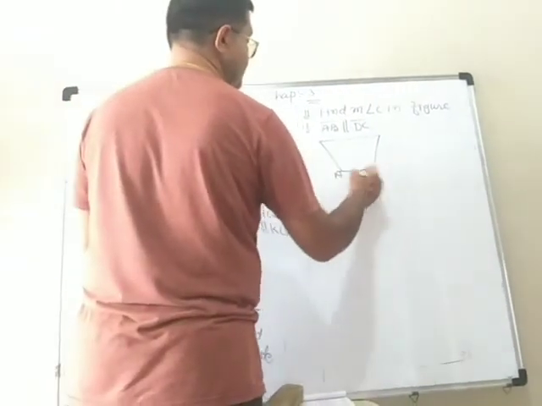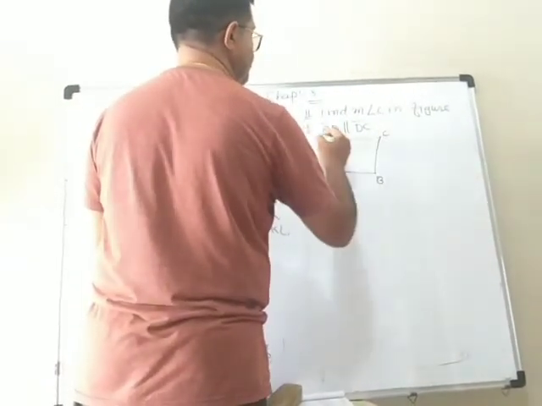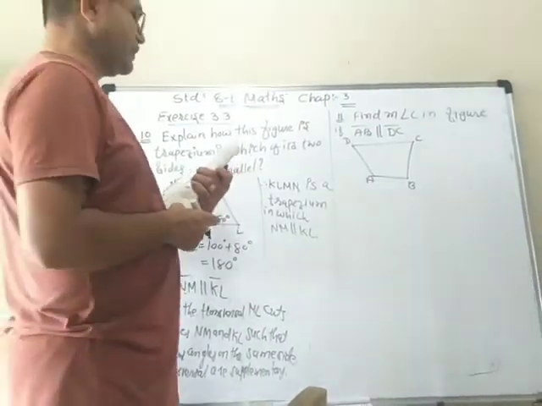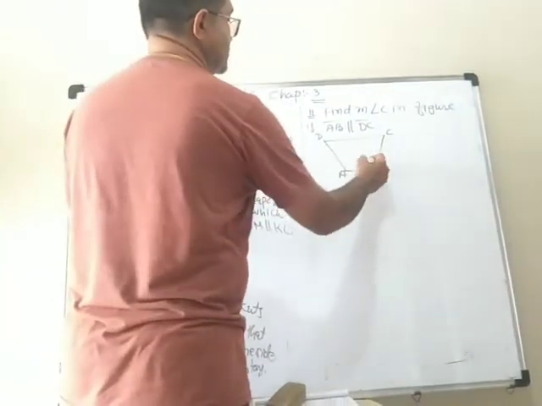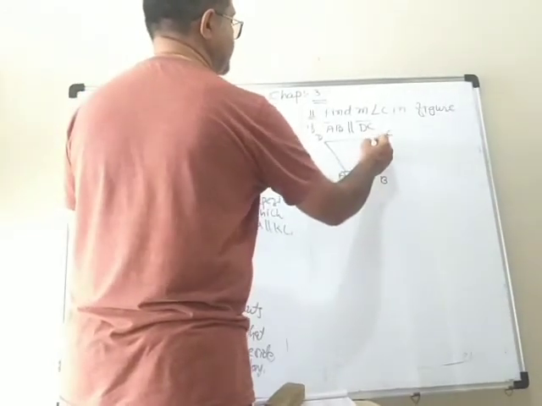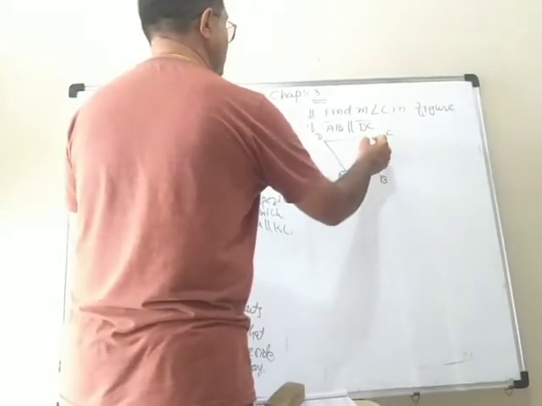A, B, C and D, and the value given is 120 degree, and we have to find the value of x.